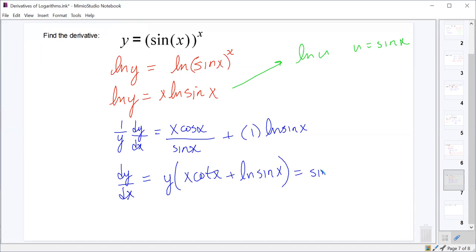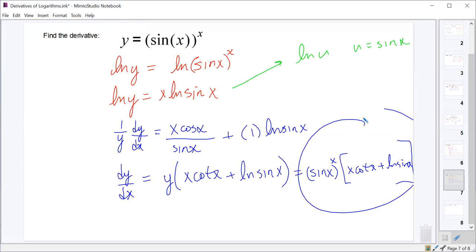Or when we replace the y with sine x to the x, we get sine x to the x, x cotangent x plus natural log sine x. Good or no? Any questions there?